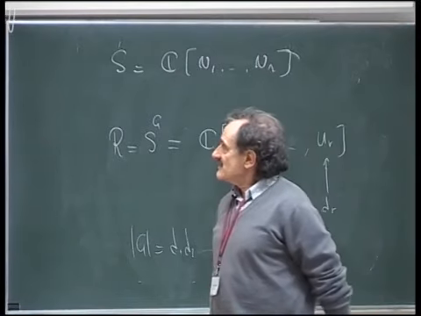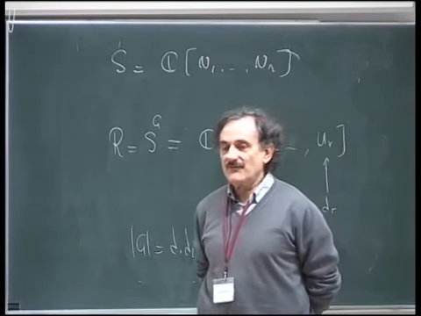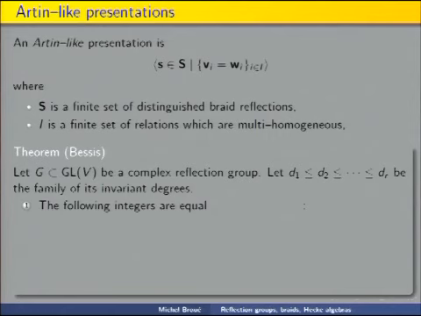So let's consider this situation. Then the following integers are equal. First of all, the minimal number of reflections needed to generate G. This is the first time I state this question.